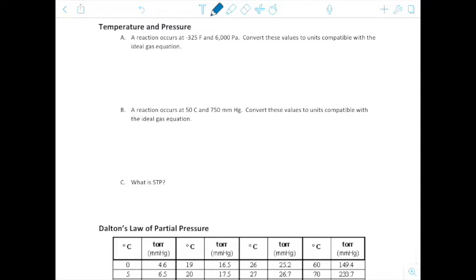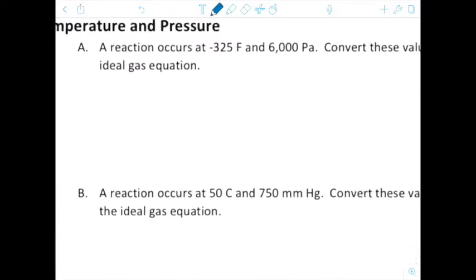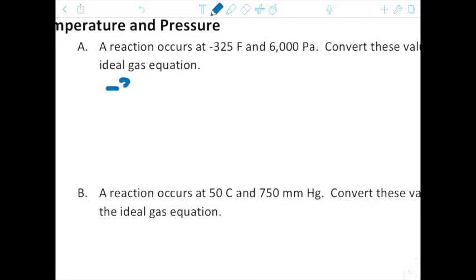It says convert the values to units compatible with the ideal gas equation. So for the ideal gas equation we're going to need liters, atmospheres, moles, and Kelvin. The first conversion we can do is convert our negative 325 Fahrenheit into Kelvin.